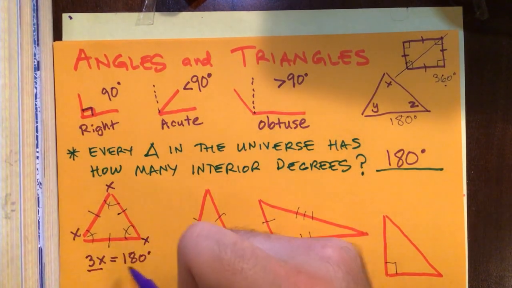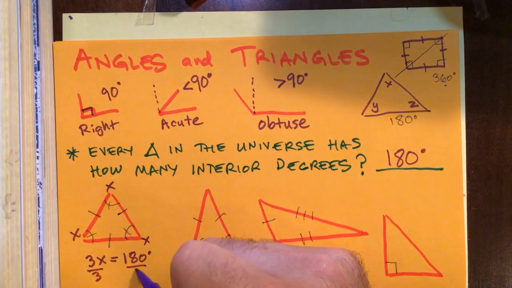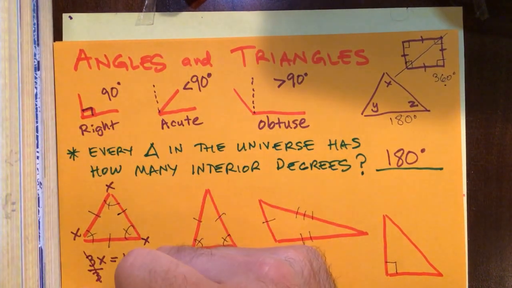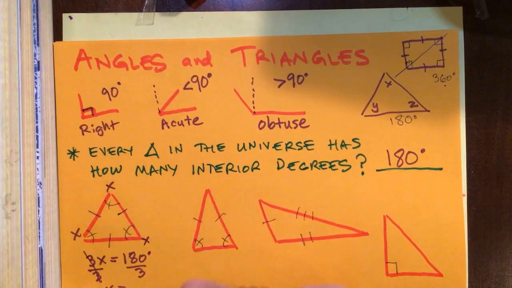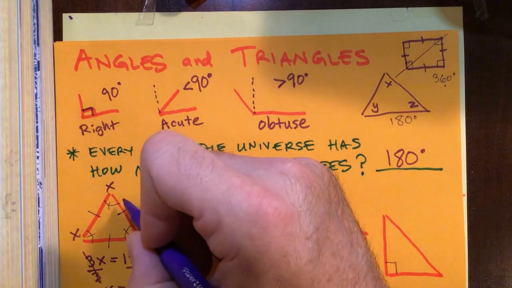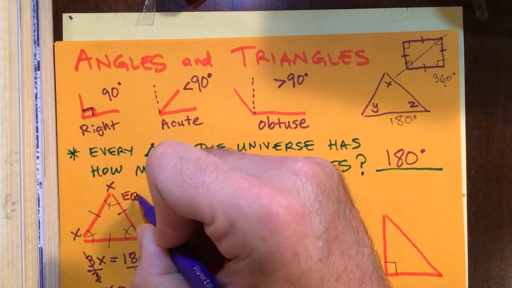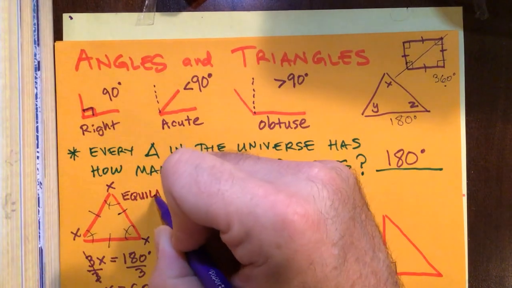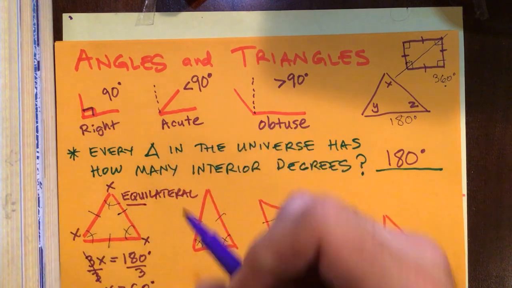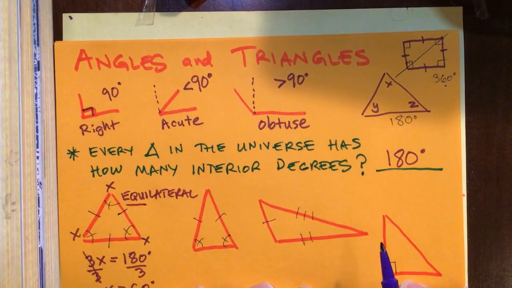If you divide both sides by 3, 180 divided by 3, every triangle that has 3 equal sides has angles that equal 60 degrees. And this triangle is called a what? Equilateral, because everything's equal. All three sides are equal. All three angles are equal.